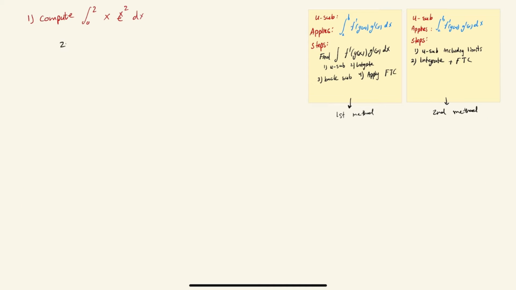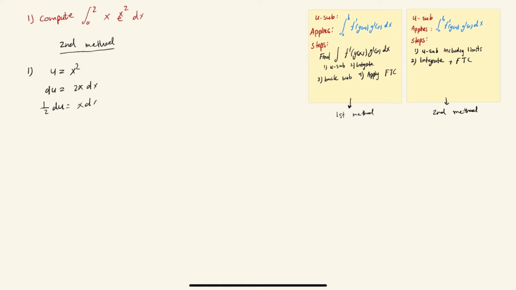Now I'm going to apply the second method. So straight away I'm going to jump to U substitution. Here we already know from the first method that u is equal to x squared, and du is equal to 2x dx, and then I'm going to move the 2 to the other side.